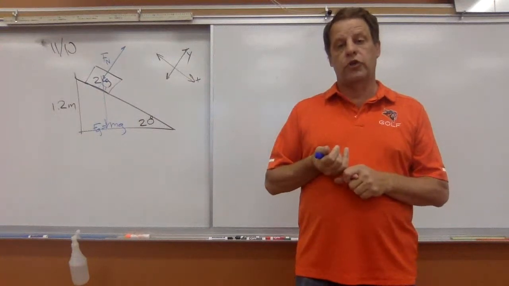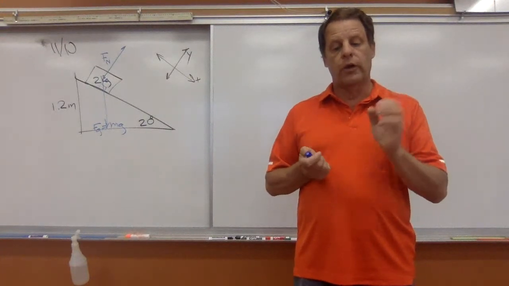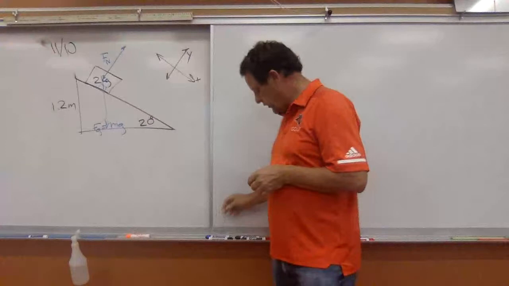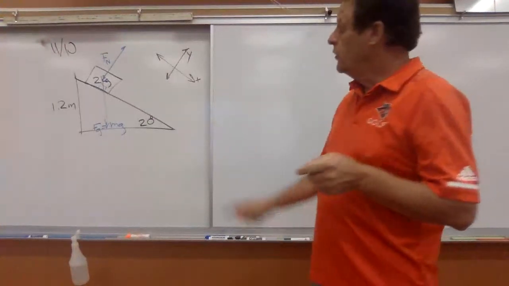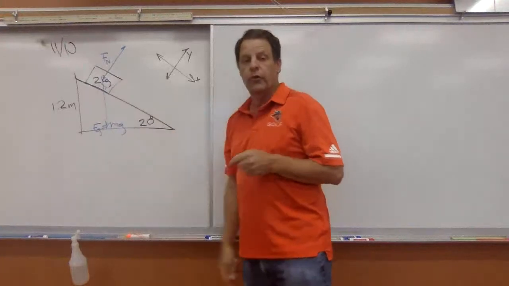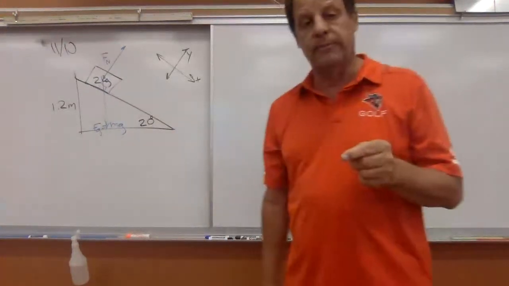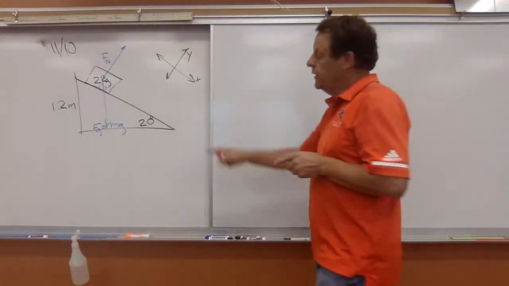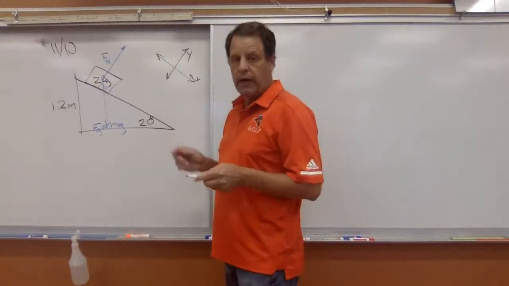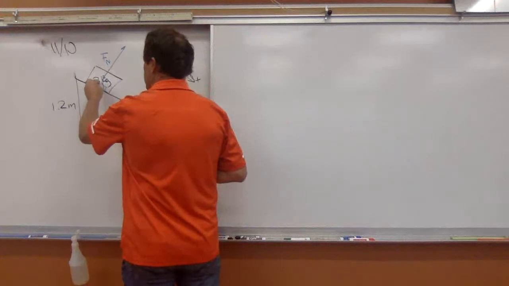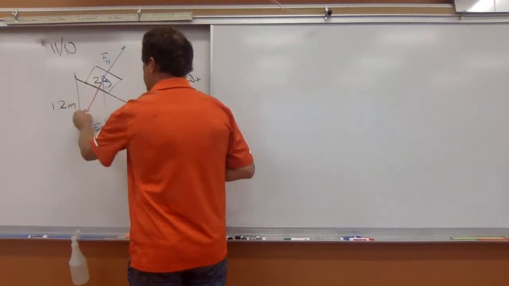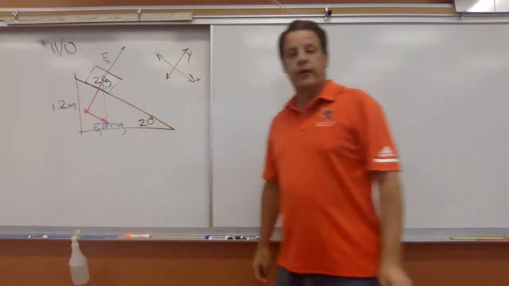And now we want to resolve our vectors so that they're going in our XY coordinate system. We can see here that the normal force is going in the Y direction, but gravity is going in both directions. So using some trig, we're going to resolve this, and we're going to have that vector and that vector.